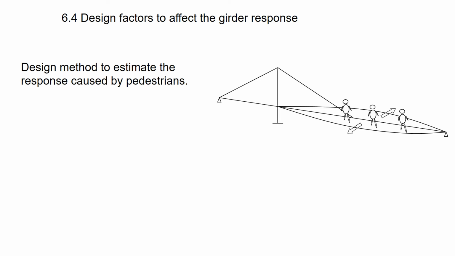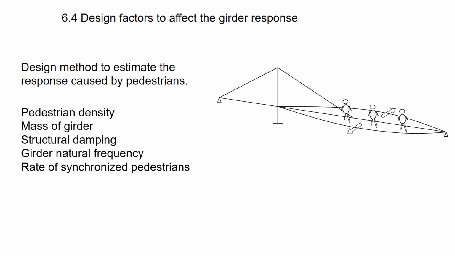6.4 Design factors to affect the girder response. I wanted to find a method to estimate the response caused by pedestrians. It would be helpful when you design a footbridge.